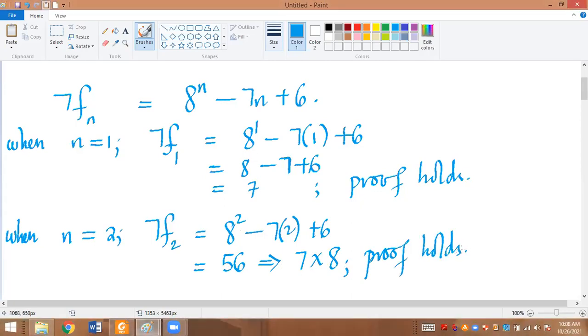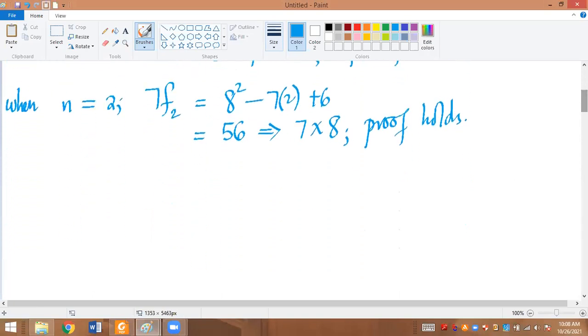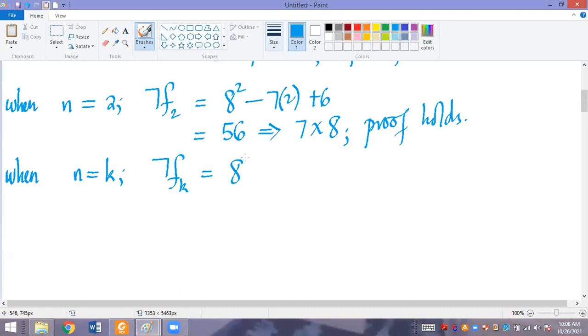So we are on track. So you can now go to the assumption stage and say when n is equal to k, 7 f at k will equal 8 power k minus 7k plus 6. Assume the proof is true.